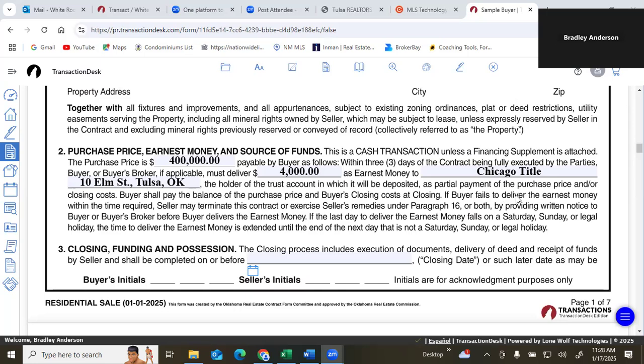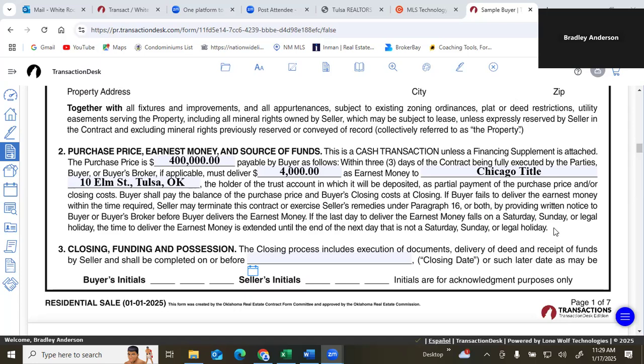If buyer fails to deliver the earnest money within the time required, seller may terminate the contract or exercise seller's remedies under paragraph 16 or both by providing written notice to buyer or buyer's broker before buyer delivers the earnest money. If the last day to deliver the earnest money falls on Saturday, Sunday, or a legal holiday, the time to deliver the earnest money is extended until the next day that is not Saturday, Sunday, or a legal holiday.